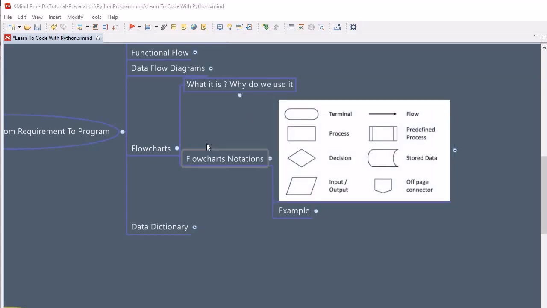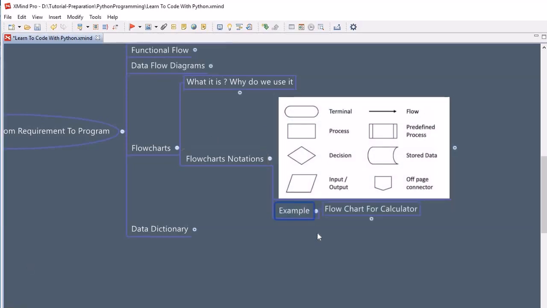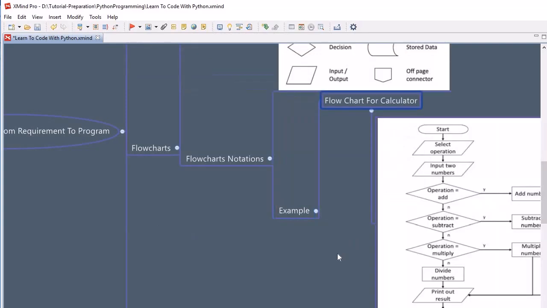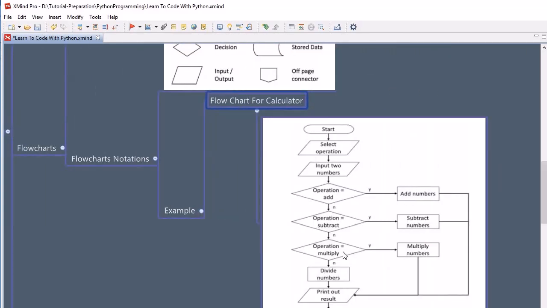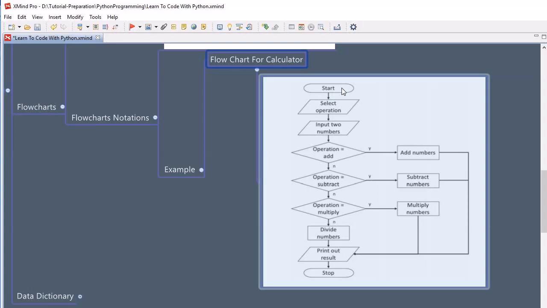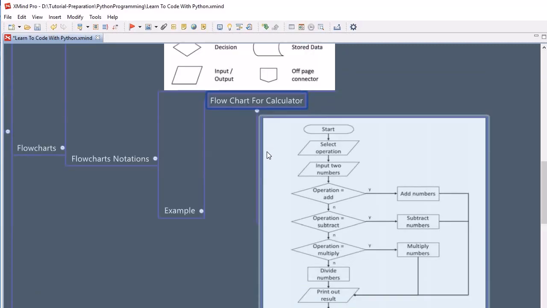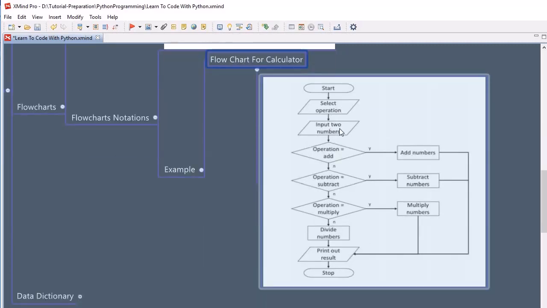So these are the notations you will get. Let's look at one example to see what a complete flowchart looks like. If you look at the calculator flowchart, you will see that the start of the program is represented by this box. Then there is the user input and output operation, where the user selects two numbers. It will decide which task the user has selected, so it is a decision operation.